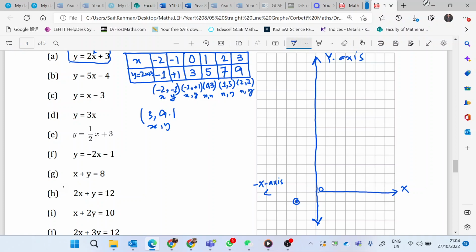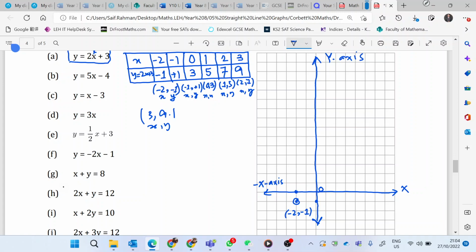Let me draw this line again. This was -2 on the x-axis, and this was -1 on the y-axis. So the intersection point of these two lines is here. This is our first point, and this point is called -2 and -1.